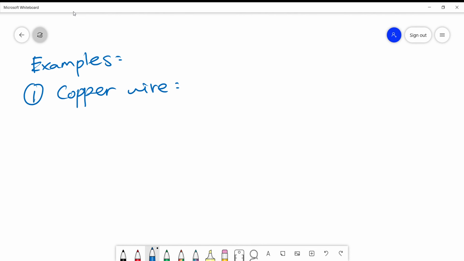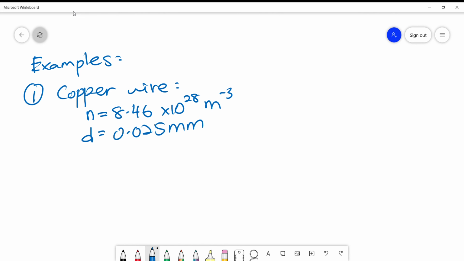The number of free moving electrons per unit volume is given as 8.46 times 10 to the power of 28 per meter cube, and the diameter of the copper wire is given as 0.025 millimeter, which is times 10 to the power negative 3 meters.